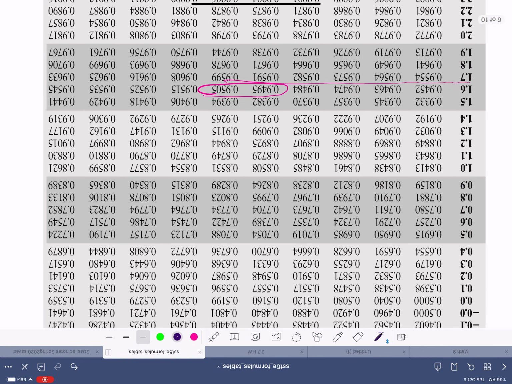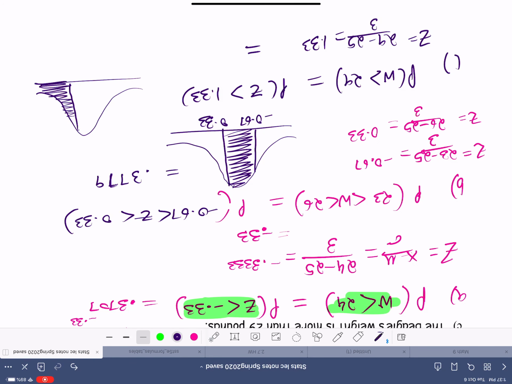Let's see, where is 1.33? It's positive, 1.3. It's 0.9082, and I have to subtract it from 1, so 1 minus 0.9082. That turns out to be 0.0918.